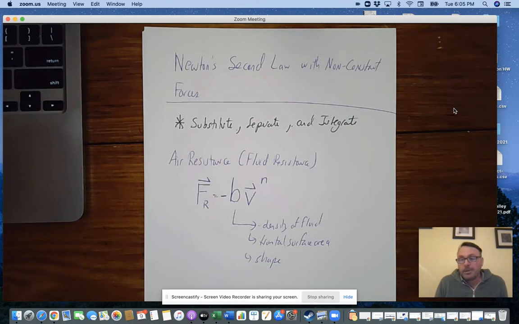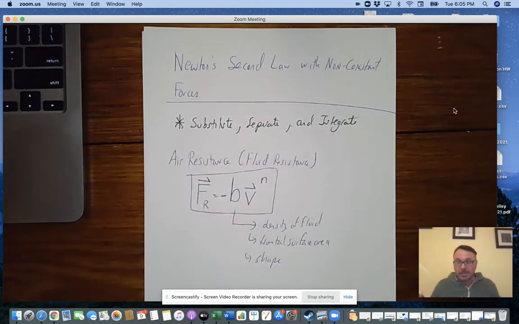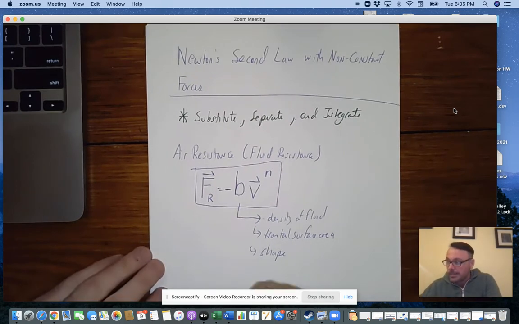Now, we're going to pretty much stick to the integer values, and for the large part, n will be 1 in most examples. Because for an object going through the air at fairly normal speeds, n is 1, right? Or at least that's our experience. So this is the air resistance force, and we'll see how that plays out, because that's the main example that I'm going to do for us in a couple of minutes.